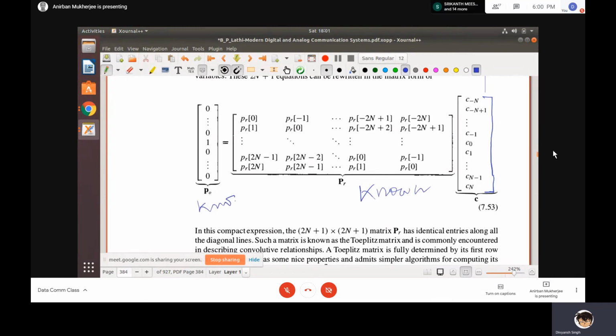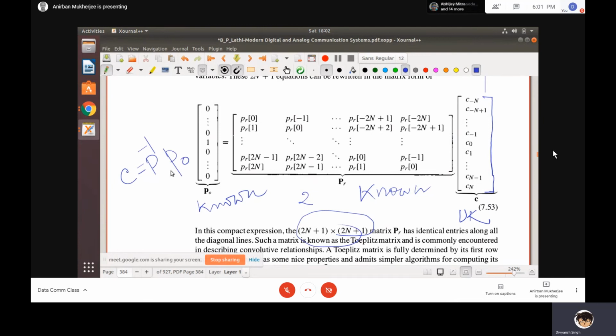P0 is known. I have to calculate C. Now what is the dimension of this one? What is the dimension of the PR matrix? That is a 2n plus 1 by 2n plus 1 square matrix. Now C is unknown. So what I will do is, C equal to P inverse P0.